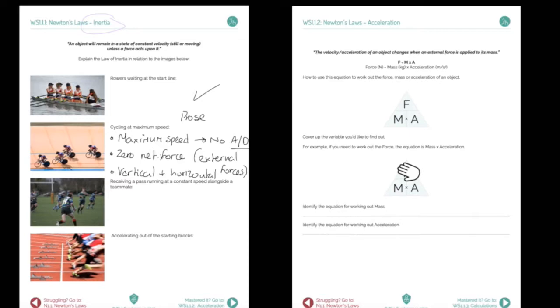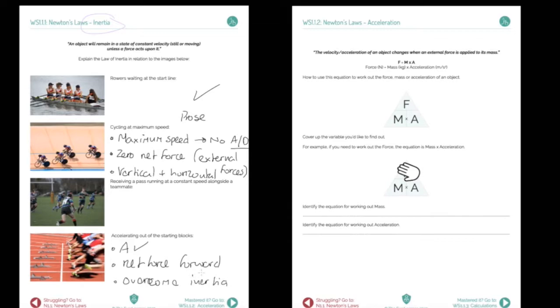Obviously, when we come to these other examples, this one's a good one here, accelerating out of the blocks, we're going to be saying something different, aren't we? We're going to be saying that there is acceleration, that there is a net force forward, and that they've overcome inertia.